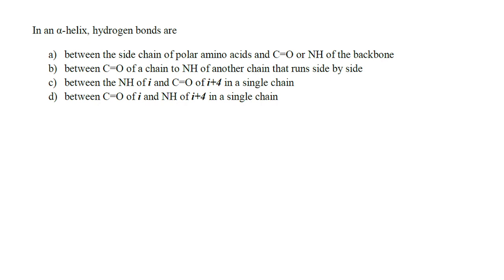Another question we have. In an alpha helix, hydrogen bonds are between the side chain of polar amino acids and the CO or NH of the backbone; between CO of one chain and NH of another chain running side by side; between the NH of i and CO of i plus 4 in a single chain; or between CO of i and NH of i plus 4 in a single chain. Which option is correct?